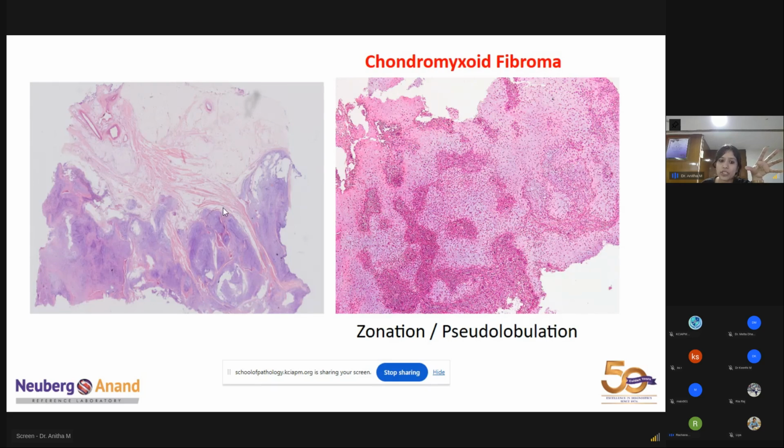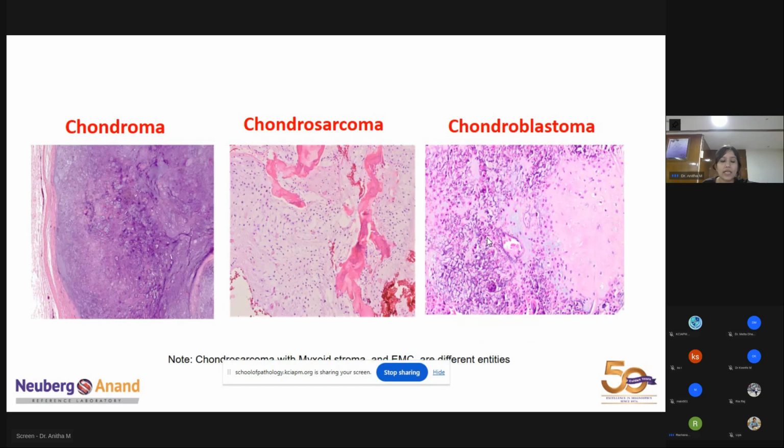We are appreciating nodules separated by fibrocollagenous septa, but the zonation pattern means a central hypocellular area surrounded by a hypercellular periphery, which gives a pseudolobulation appearance. That is why this was not considered. And of course, this is without the imaging findings, because we all know chondromyxoid fibroma is a metaphyseal tumor. The other differentials we received were a set of cartilaginous tumors, which included chondroma, chondrosarcoma, and chondroblastoma.